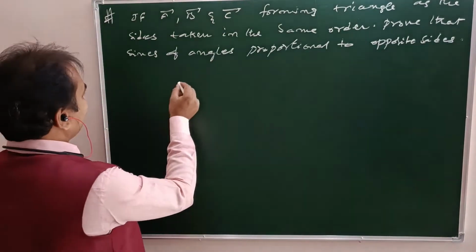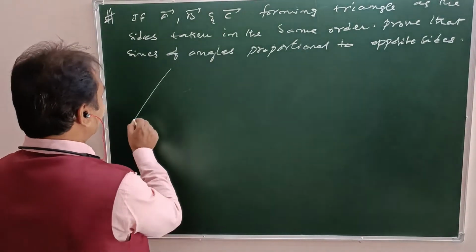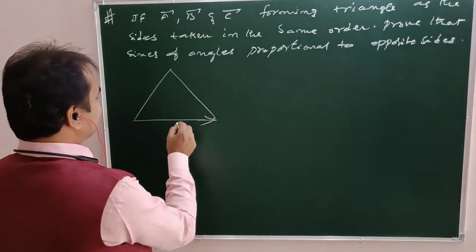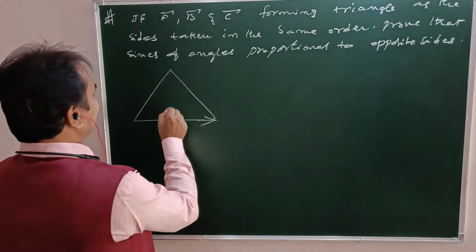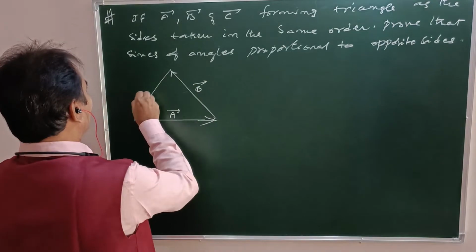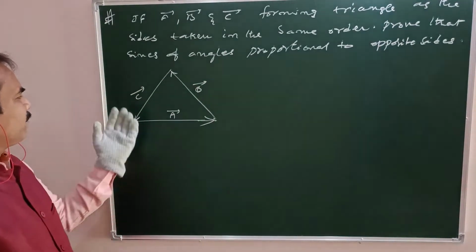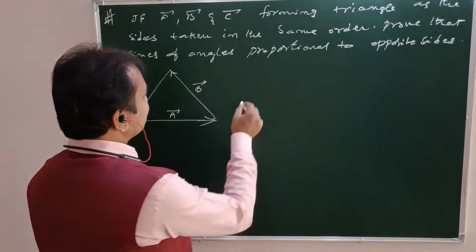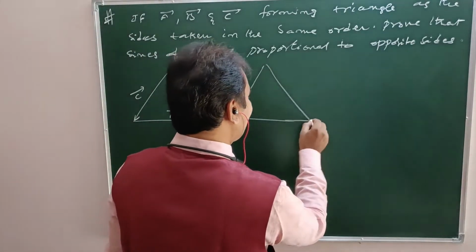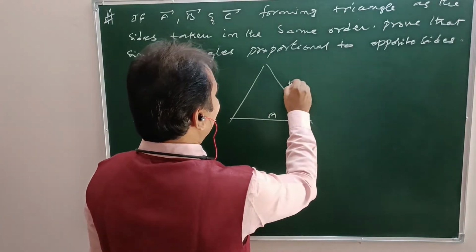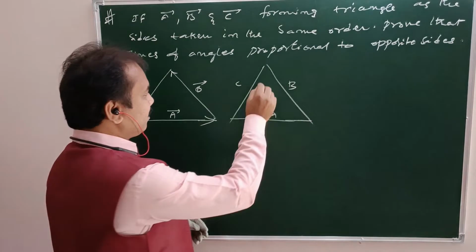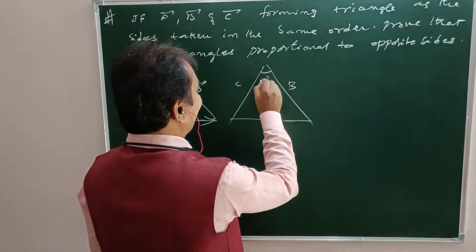Okay, we have one triangle like that. Suppose this is A bar, this is B bar, this is C bar, which can be written as side A, side B, side C. Opposite to side A, let the vertex angle be alpha.